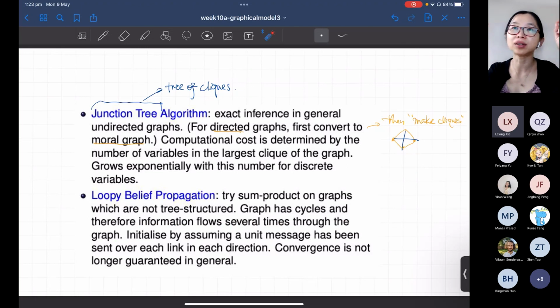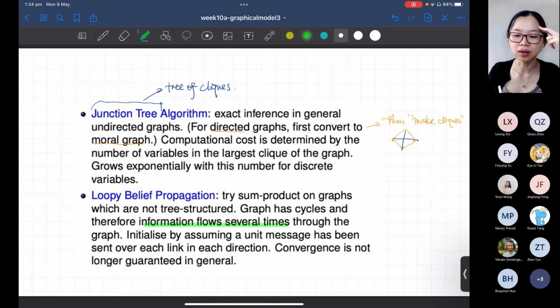There is no longer the notion of one forward pass and one backward pass and we're done. If we do the forward pass first, then the backward pass will depend on the forward pass, and then we can do another forward pass, and the messages will change again. So that's what I meant by information can flow several times through the graph.